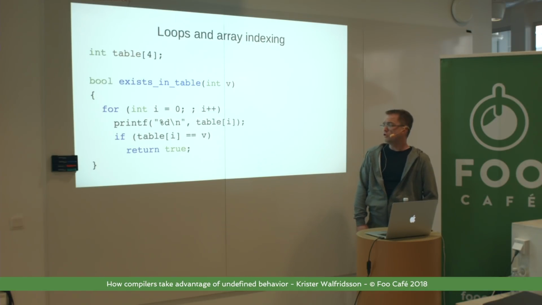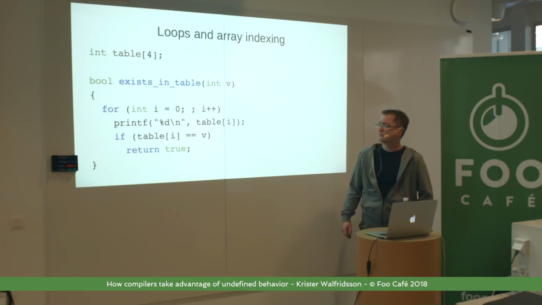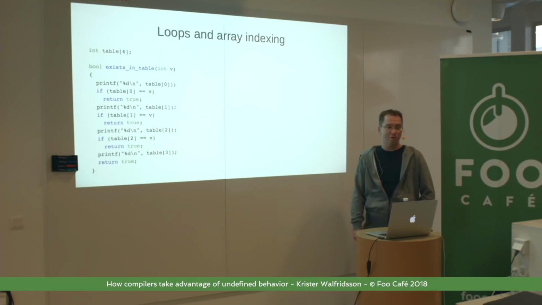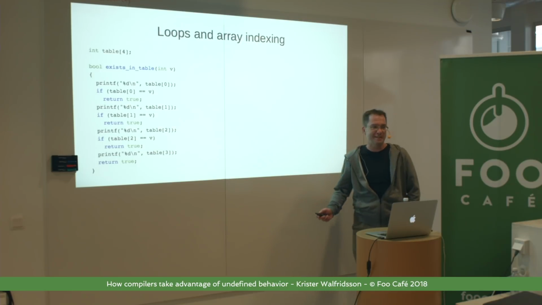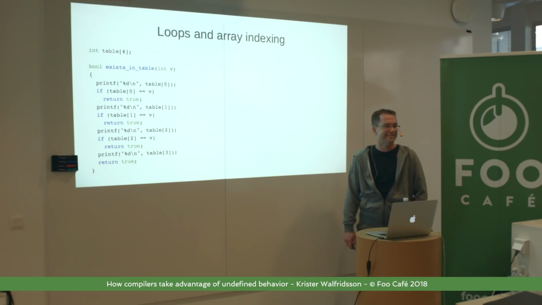The compiler could also, depending on other circumstances, see that, okay, this only iterates 4 times, so we can unroll the loop. In this case, we get a program that works correctly sometimes, depending on whether you have your value in the beginning of the array or not.